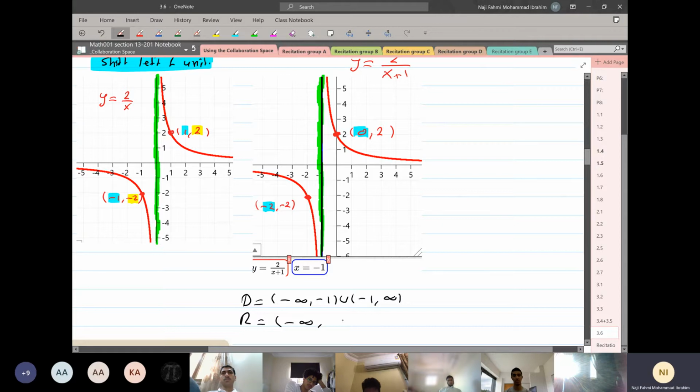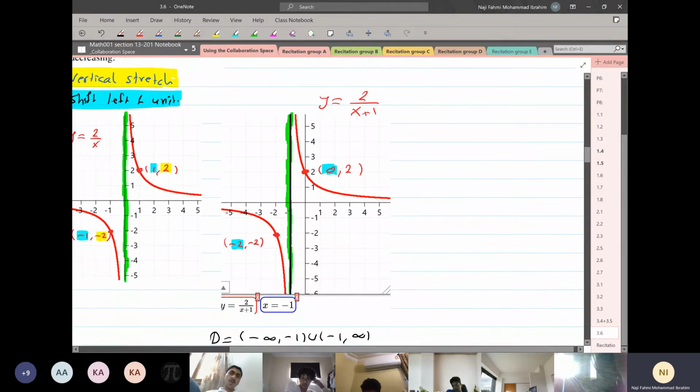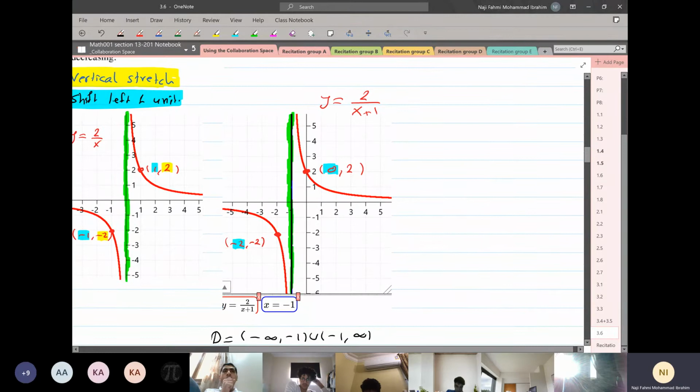All the numbers except 0. Now, if I look carefully, where's the vertical asymptote in my last graph? X equal -1. It's x equal to -1.